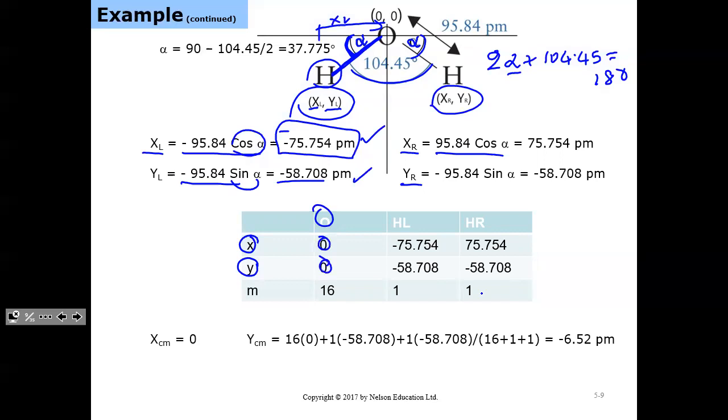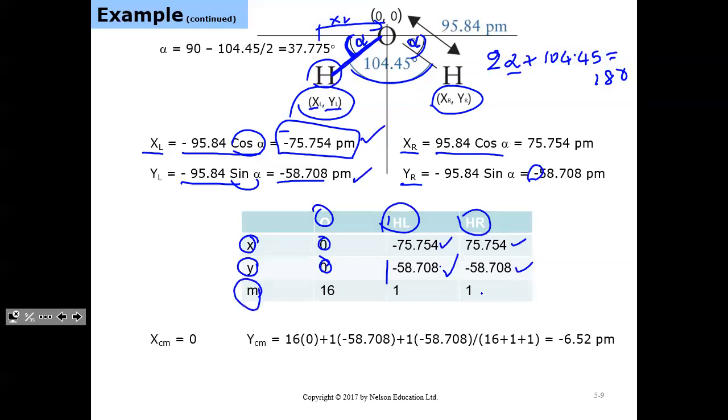Then hydrogen on the left, X position is this, Y position is this. Hydrogen on the right-hand side is the same thing with the positive X. Y position is negative even for this hydrogen atom, X position is positive.